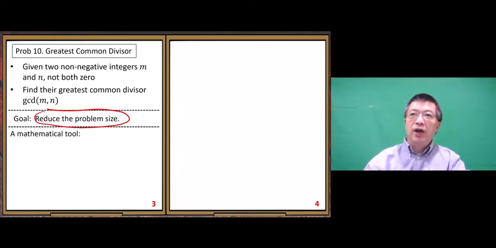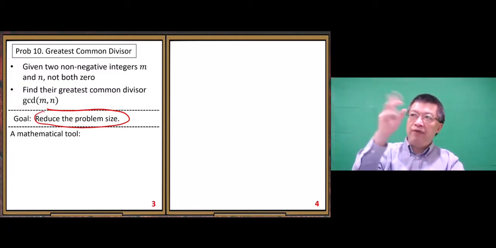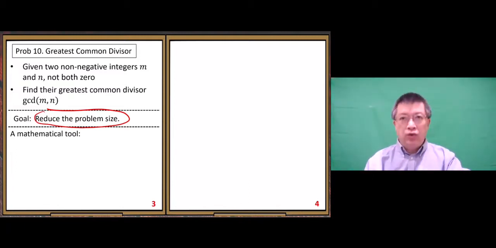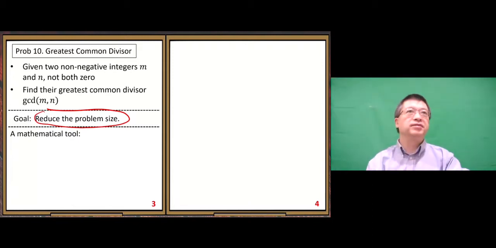To do that, we need a mathematical tool. We have to use some special mathematical tool to help us solve this problem. But that tool is pretty simple. If I put it here, you understand it immediately.